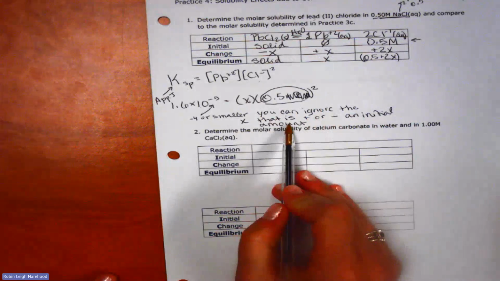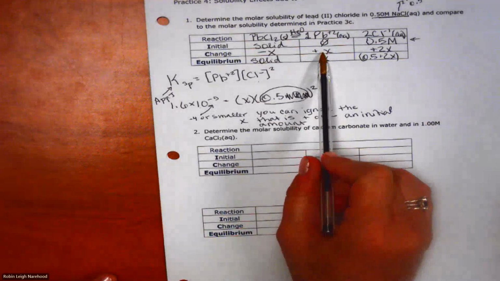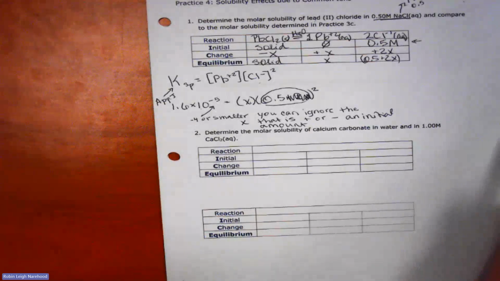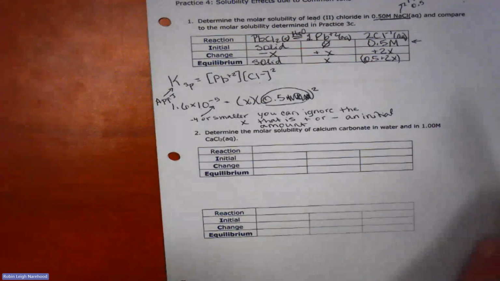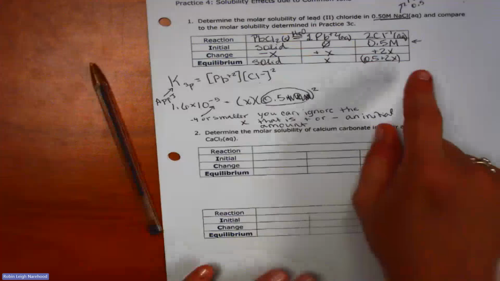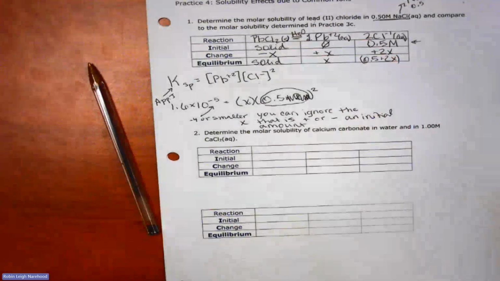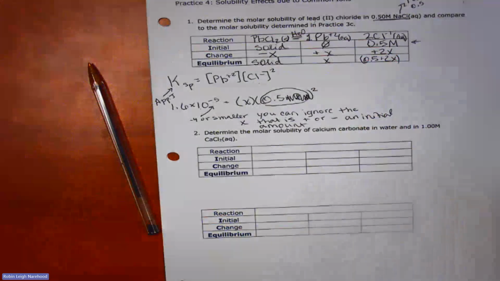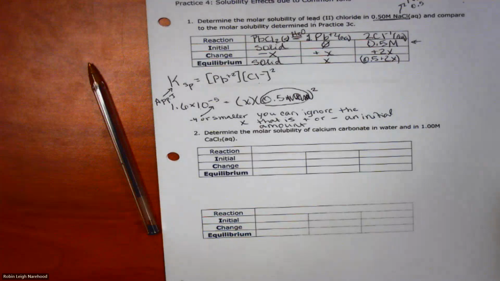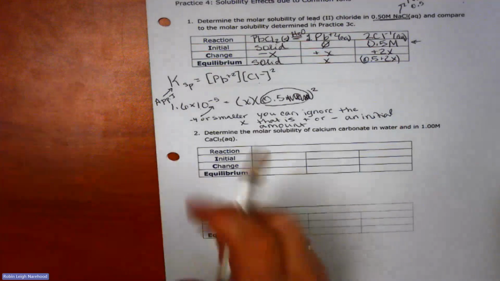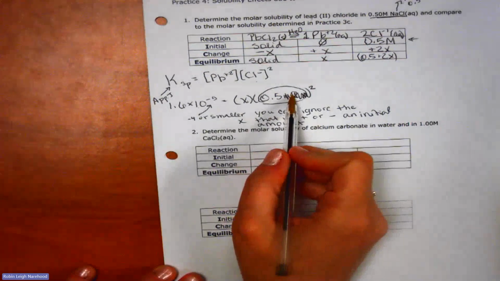You cannot ignore the plus X when you go from 0, because going from having none to having some is an enormous change. But here we are going from 0.5 and adding a teeny, tiny amount that we're probably going to end up rounding away because of significant figures. The X is going to be so small versus the 0.5. So mathematically, you can ignore this.